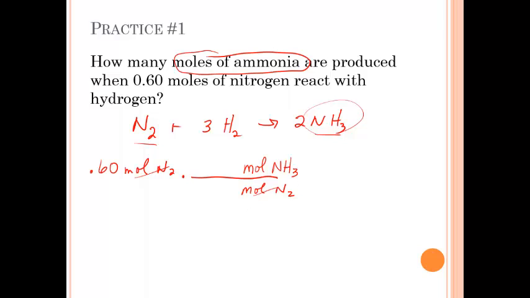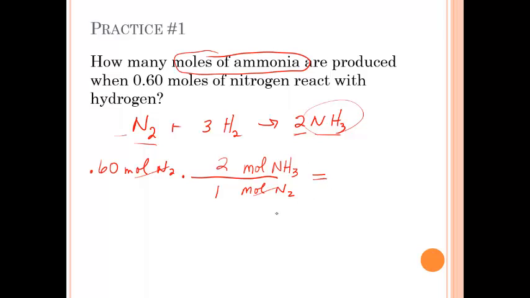Now this is where interpreting our balanced equation will come in handy, because we know that the coefficients out front represent moles. So how many moles of N2 are there? In our balanced equation, it only shows 1. There's 1 mole of N2. But moles of ammonia, there are 2. So we need to have 2 moles of ammonia for every 1 mole of N2. That's just one conversion that we can make, and that's actually one of the conversions that was on the previous slide.